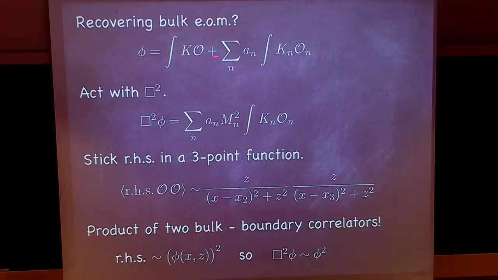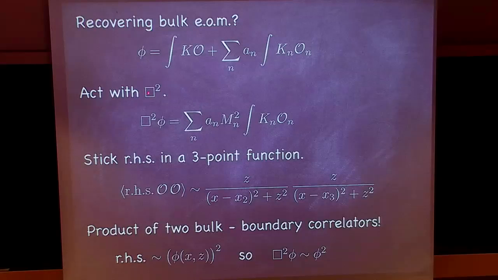So we'd like to say, for example, what kind of equation of motion does this object satisfy? And it turns out it's not too difficult to work it out. So here are the steps. Let's take this expression for our bulk field. This was a massless field in the bulk, so let's act with the massless wave operator. On the left-hand side, we get box of phi.